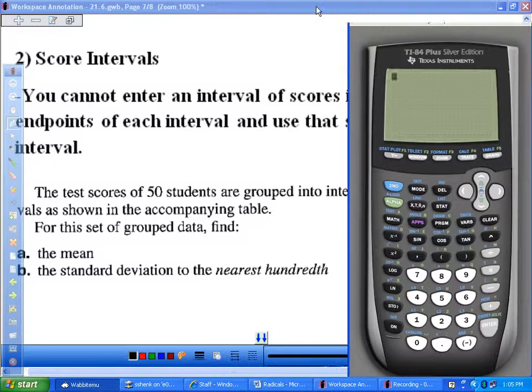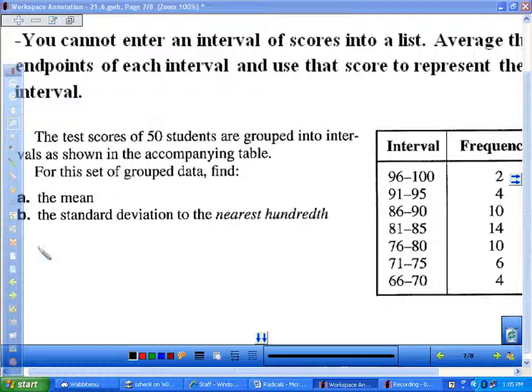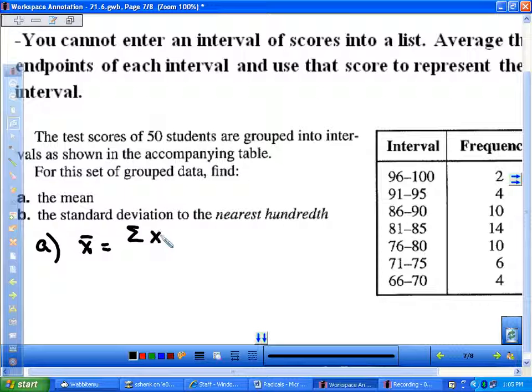What are they asking us for in part A? A mean. Okay, what's our formula? How do we calculate a mean adjusted with frequencies? X bar equals sigma x times f divided by n. Part B, what are they asking for?